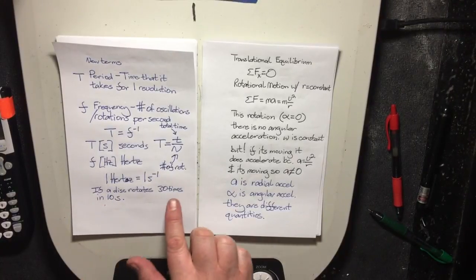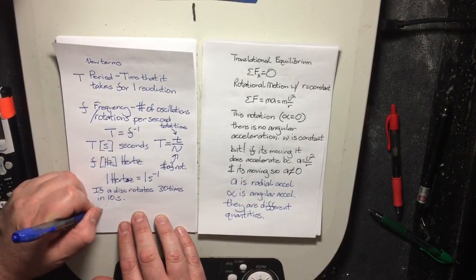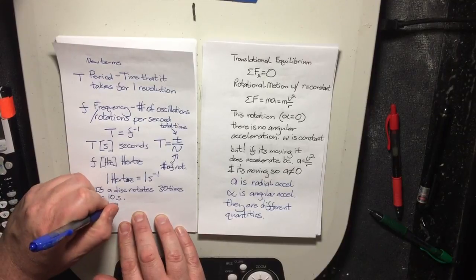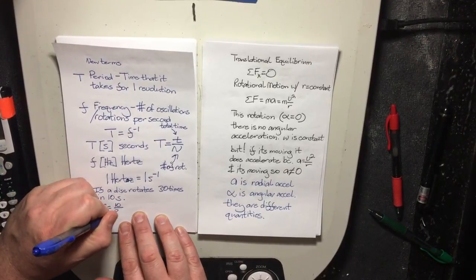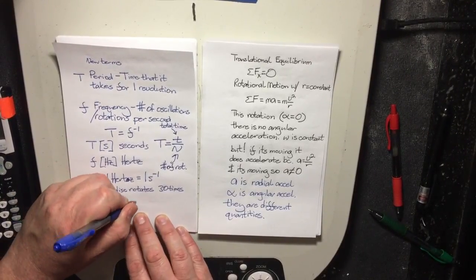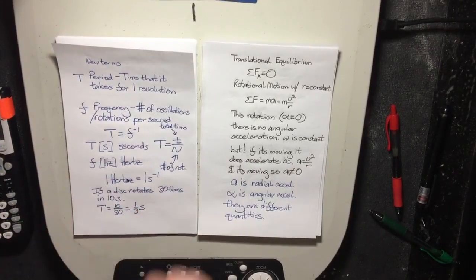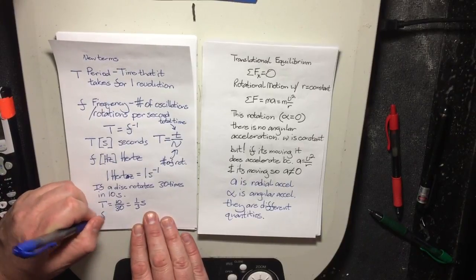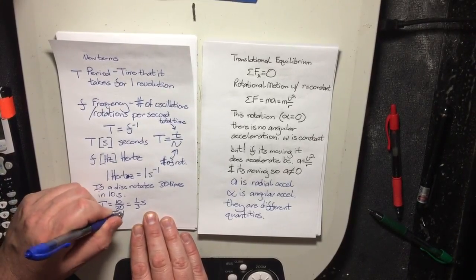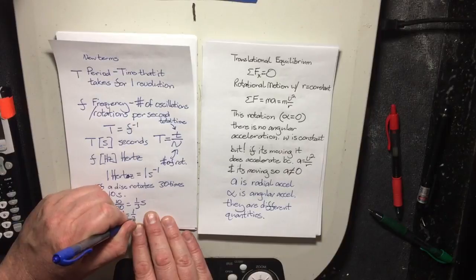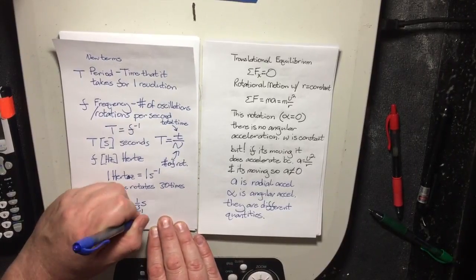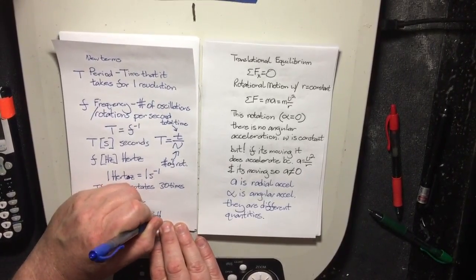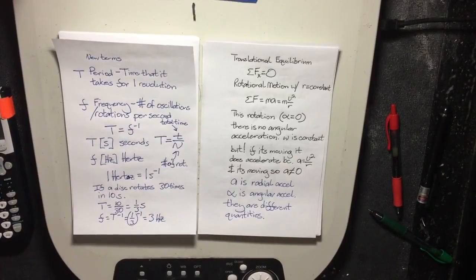So if a disk rotates 30 times in 10 seconds, the period is 10 divided by 30, or 1/3 second. And the frequency, which is the inverse of period, is 1/3 inverted, or 3 hertz. So that's a very simple example of using frequency and period.